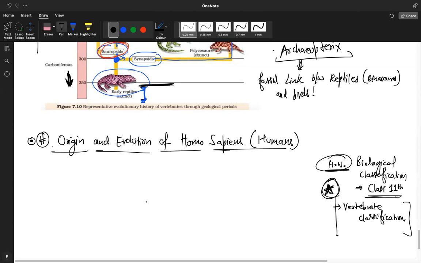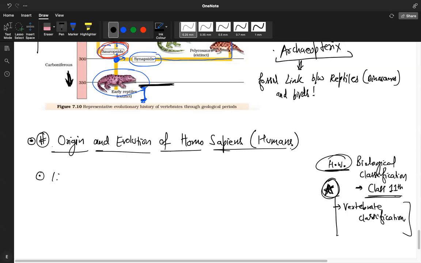Now write down about human evolution. So humans are primates, and the first fossils that tell us about human-like species, not humans, are from around 15 million years ago.